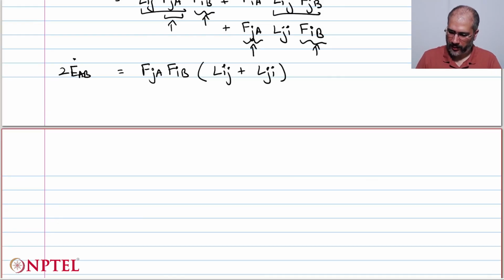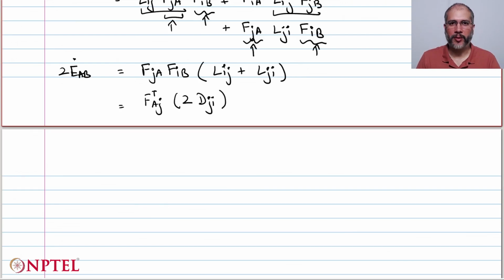And we know that L plus L transpose is twice of D. That's the definition of the symmetric part of L. So let's write this as F transpose Aj times twice Dji.